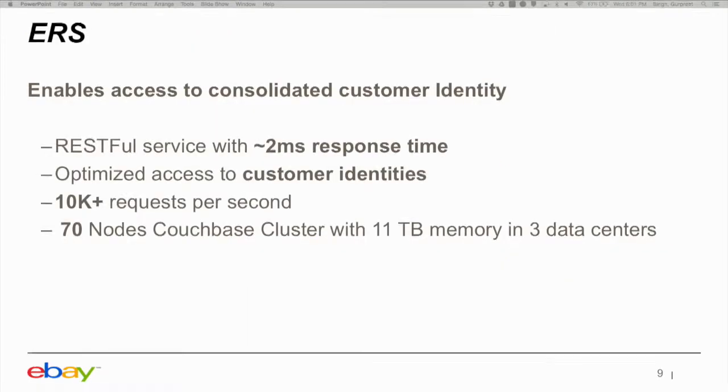Several things I'd like to highlight: we optimized the data model to serve the data in a really fast mode, with a 2 millisecond response time, as our customer is very picky on response time. Right now we have about 10K concurrent requests per second.